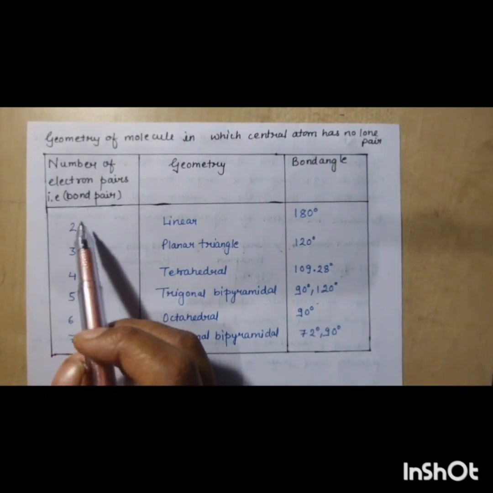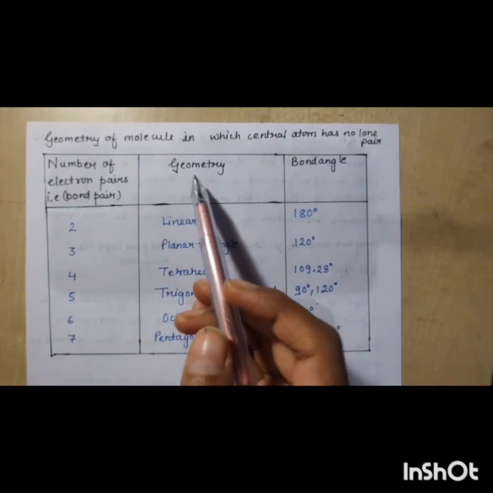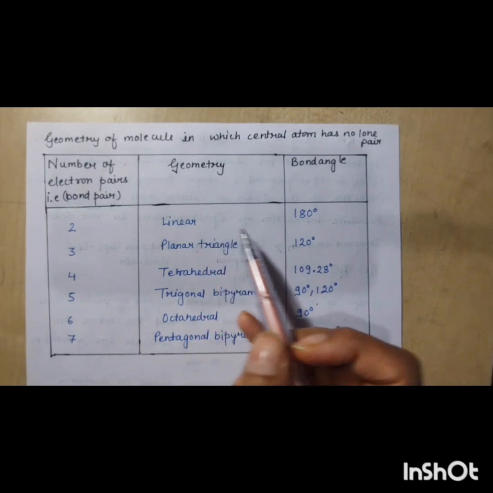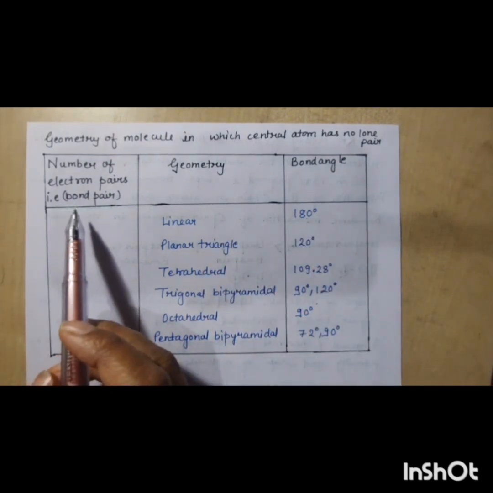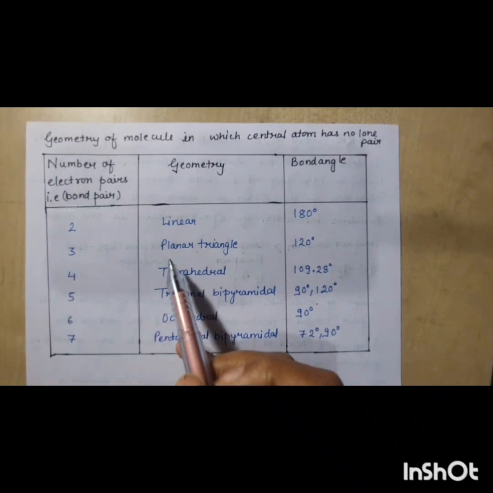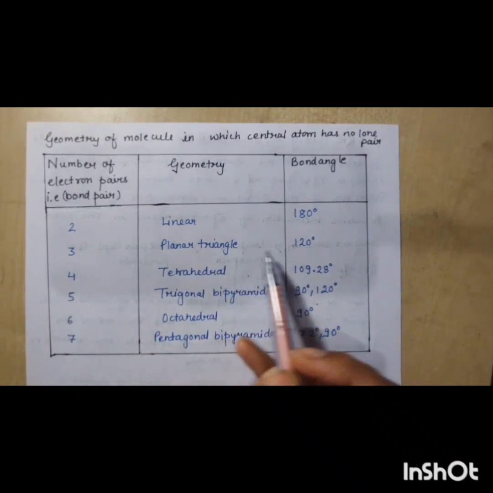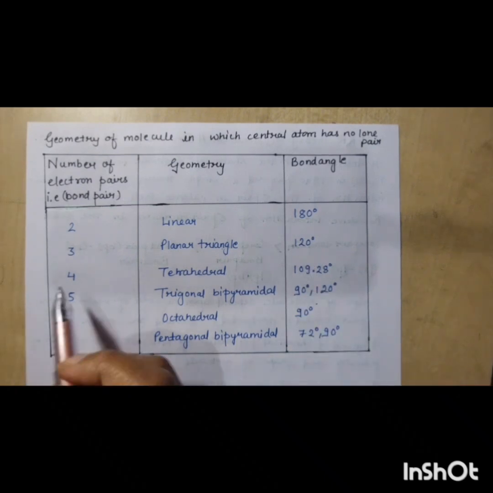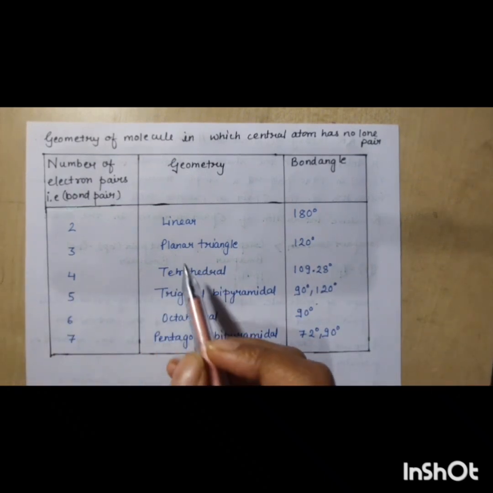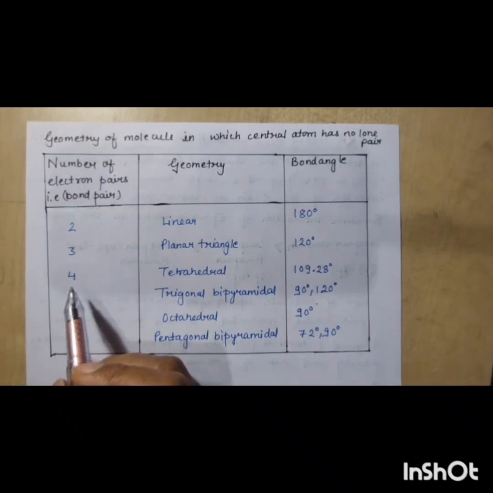Here when the bond pair is 2, the geometry becomes linear having a bond angle of 180 degrees. When the bond pair is 3, then there is a planar triangle having a bond angle of 120 degrees, and it is all in regular geometry.